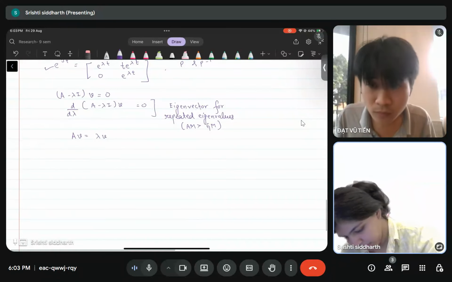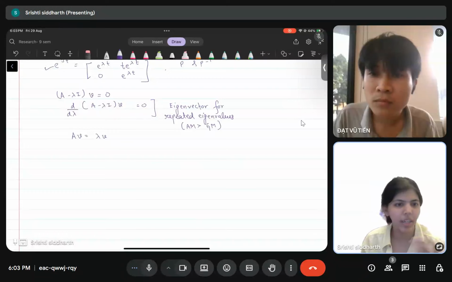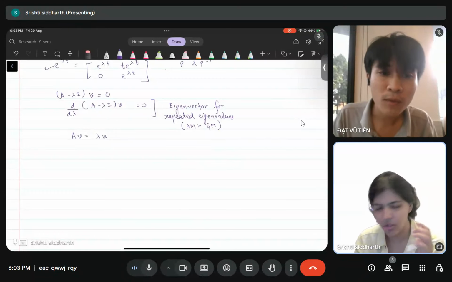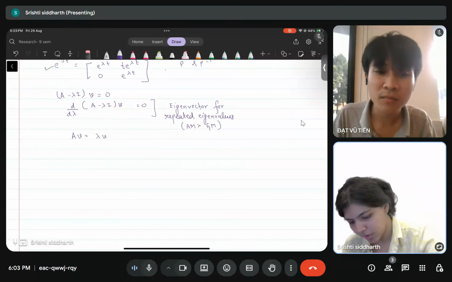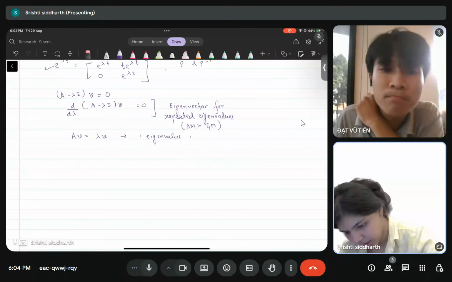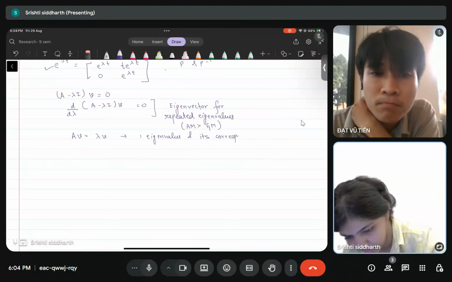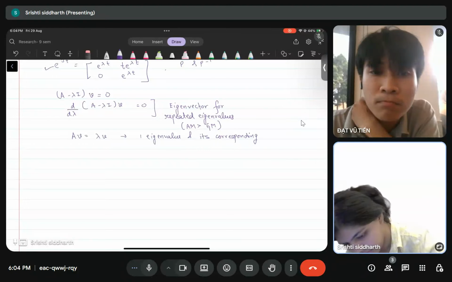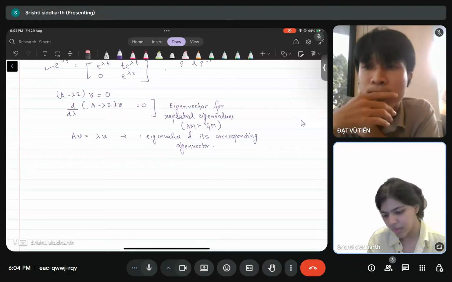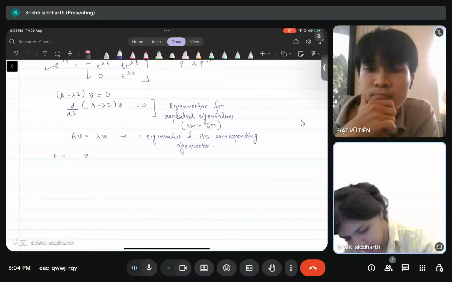So if we collect this equation for every lambda, I didn't find an example, so we'll just try it in the general form. This is for one eigenvalue and its corresponding eigenvector. Okay. And we want to get the P matrix, which is, let's say, V1, V2 up till Vn.